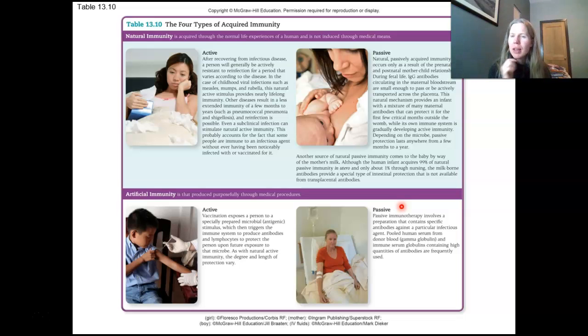Okay, so then we thought, well, wait a second. If a baby can get antibodies from its mom, is there a way we could do that artificially? So here we go, another form of artificial immunity. This is a form of immunotherapy where a patient is receiving preformed antibodies. You'll see this sometimes. We've seen this with COVID, right? They're talking about people who've recovered donating plasma. The antibodies circulate in the plasma.